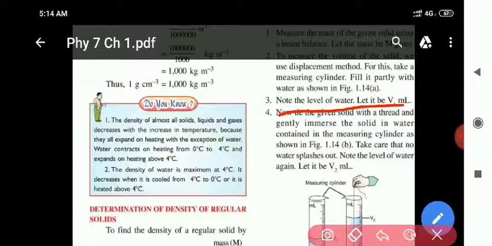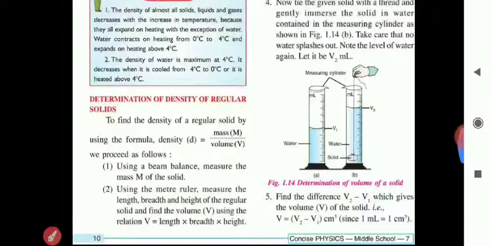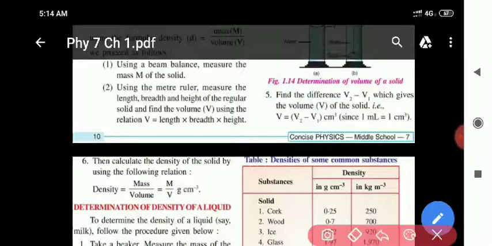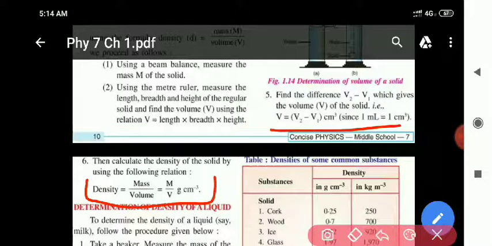Now the difference between the two levels V2 and V1 gives the volume of that irregular object. See, V2 minus V1, and since it is given 1 ml equals 1 centimeter cube, now density can be calculated by mass upon volume.